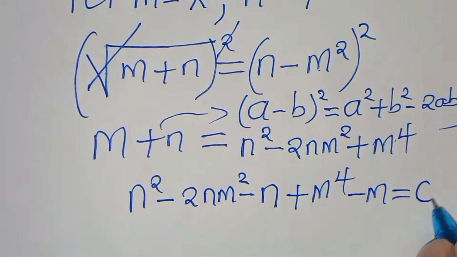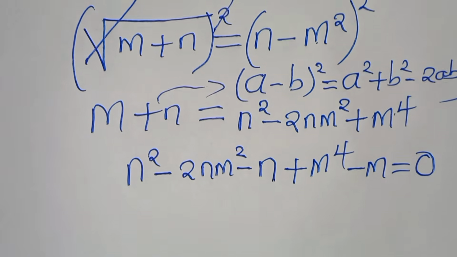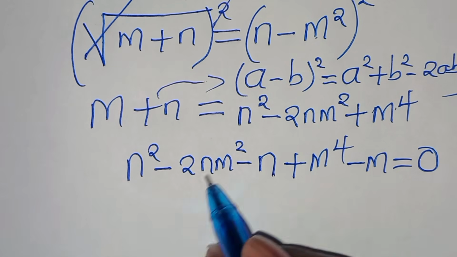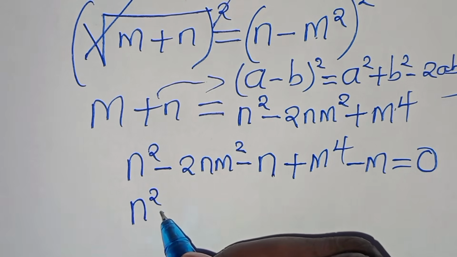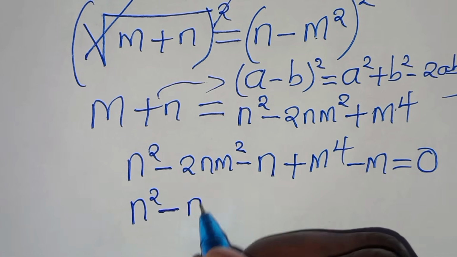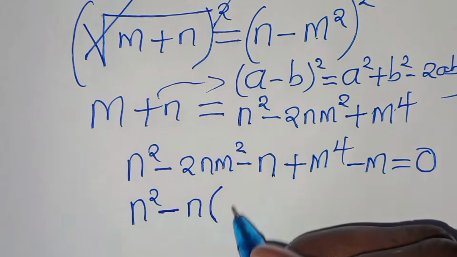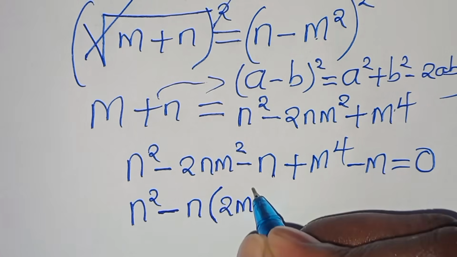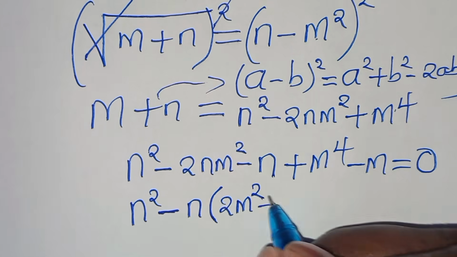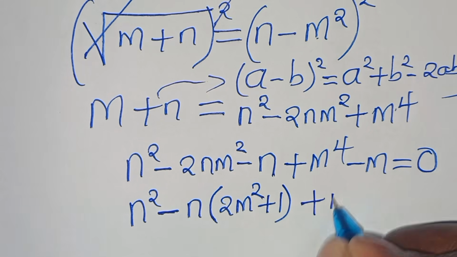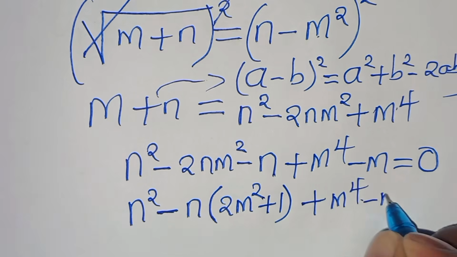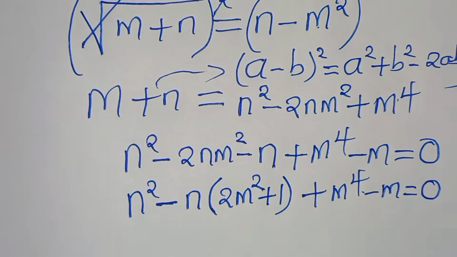This is equal to 0. So here we have n, and n is common, so we can factor out n here. So we have minus n into the parentheses 2m squared plus 1, then plus m to the power of 4 minus m. This is equal to 0.